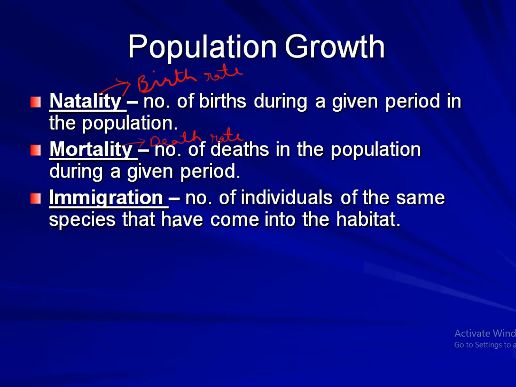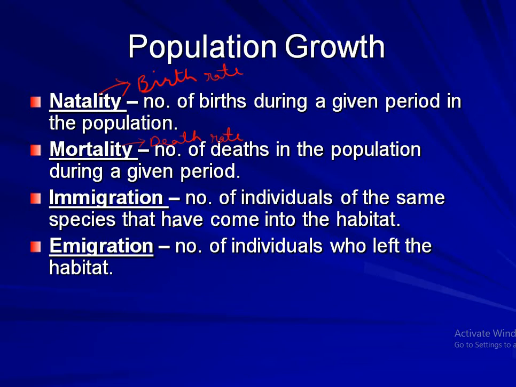A group of individuals entering a particular area from outside is known as immigration. So the population would increase. And then the fourth factor is emigration. A group of individuals live in a particular area and they go to another area. So the population would decrease.